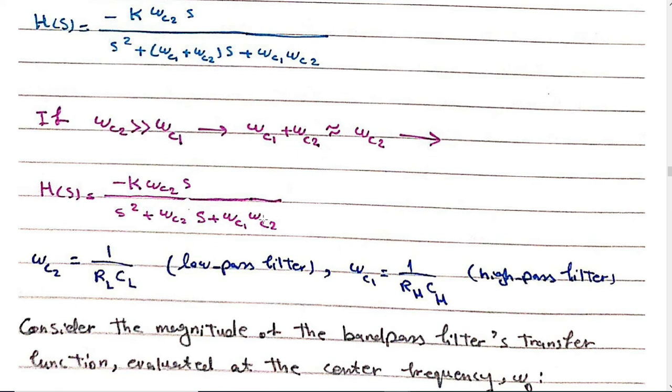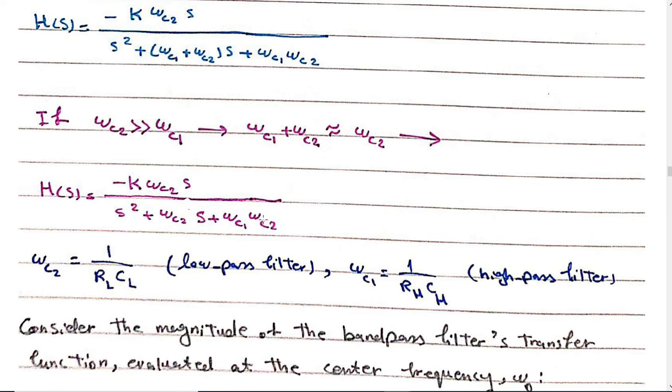Why? If we had a narrow band filter, you could find the midpoint like the higher plus the lower cutoff frequency divided by 2. That would be your midpoint. But when you have a broadband filter, the center point is the square root of the higher frequency multiplied by the lower frequency, and we call this point the geometric midpoint.